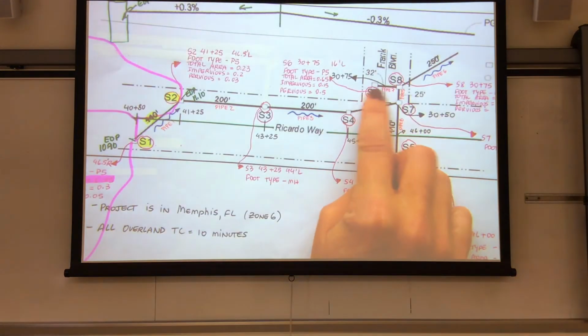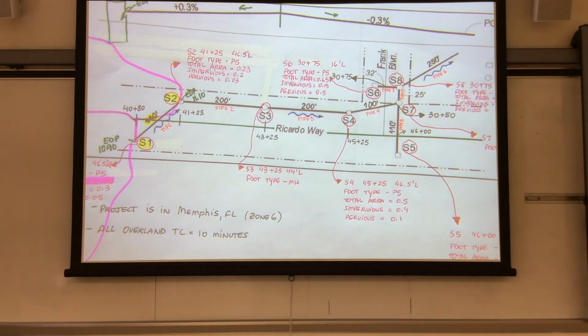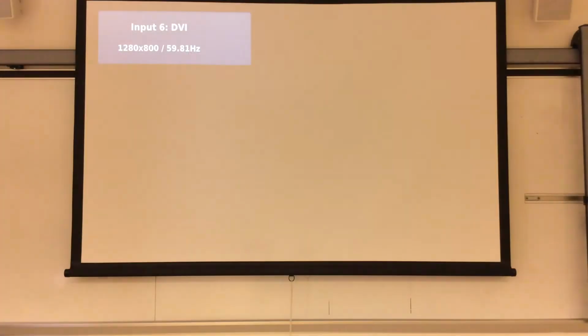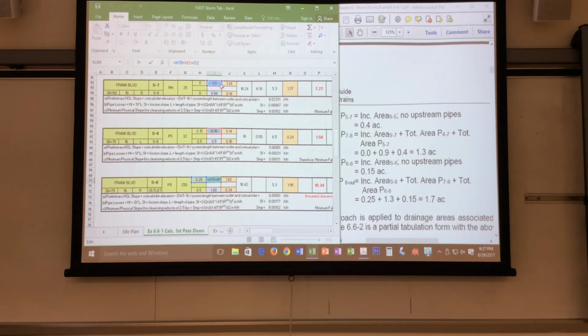It's whatever was coming from 6, whatever's coming from 7, and going out, okay? Now, we've got 0.6, or what was going to 8, and we've got the area from the structure 7 and the structure 6.